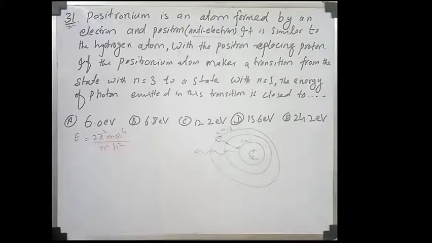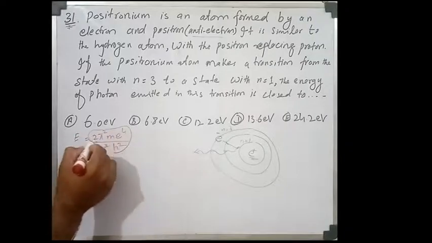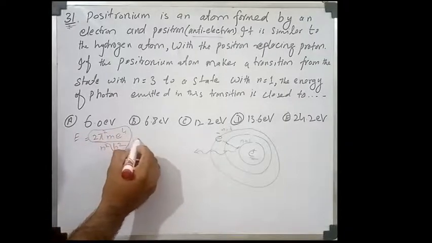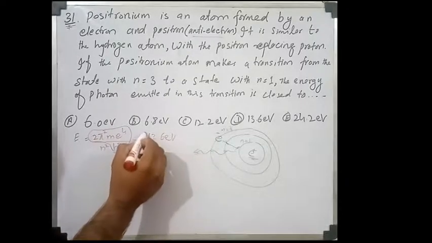This is the ground state energy calculated by Bohr. Here n is the shell. If n is equal to 1, then this is the ground state energy E1. Its value is always equal to 13.6 electron volt when we have a hydrogen atom.